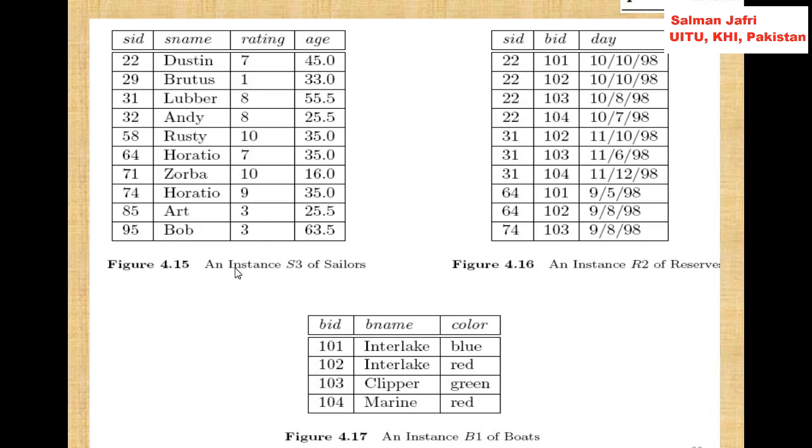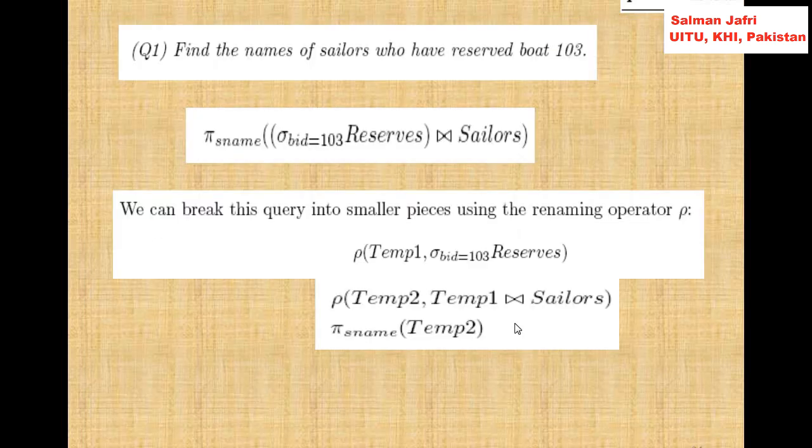So these are the three relations. S is of sailors, R is of reserves, and B is of boats, right? So let's try to work out some queries in relational algebra. We have to find the names of sailors who have reserved boat 103, right? So what can you do?